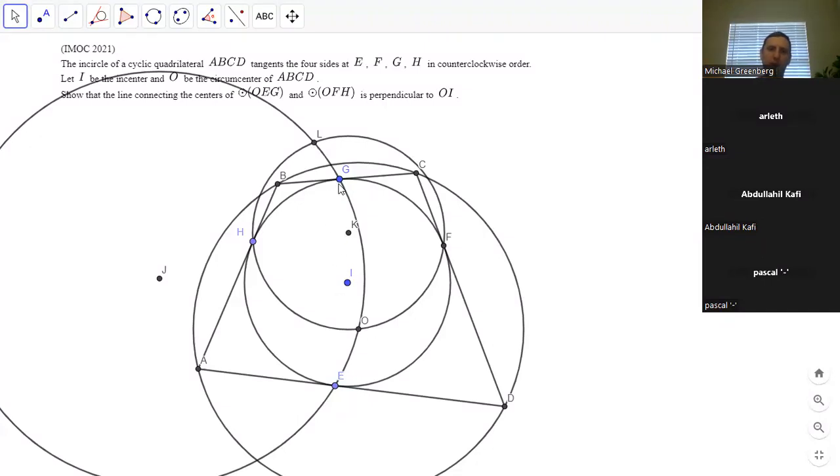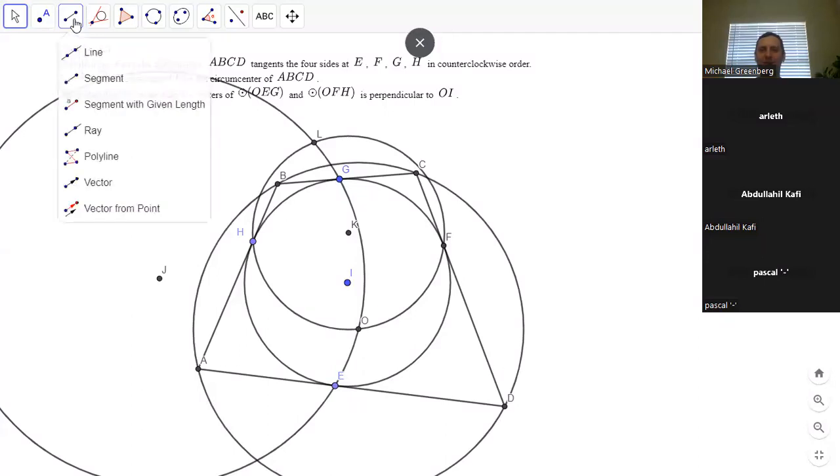I wonder if L lies on the radical axis of these two circles. I don't think that's true. How do you draw the radical axis of two circles?